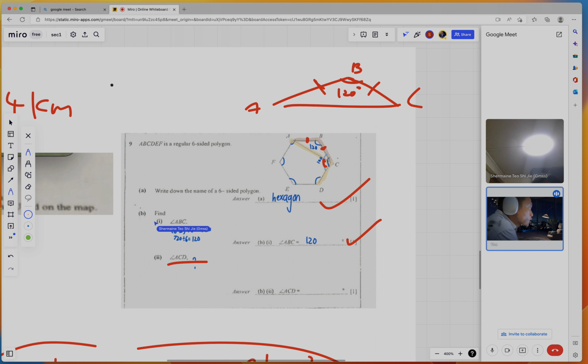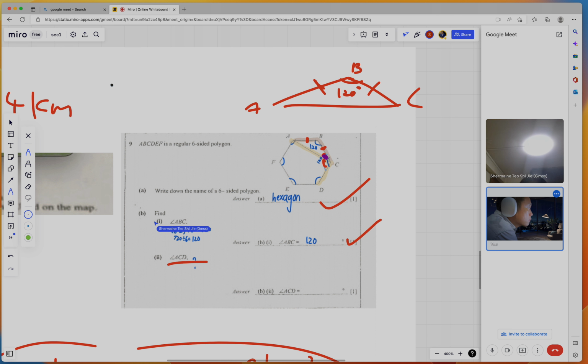So if it's isosceles, what is this small one? Maybe I use a different color. What's the small one here? Are you working it out?